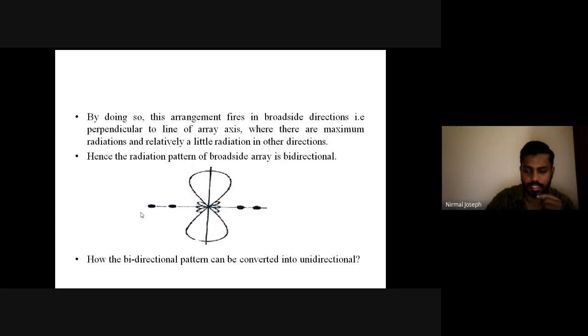You should write down the question, find out the answers, and write it in your notebook. How can the bidirectional pattern be converted into unidirectional? You have to write down the method, and you also have to draw the radiation pattern.